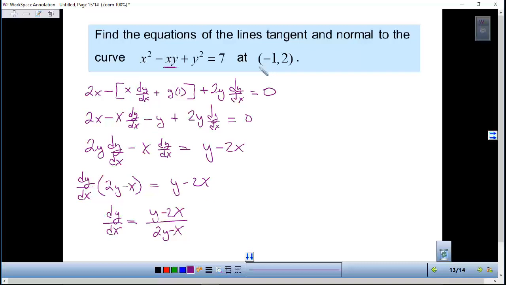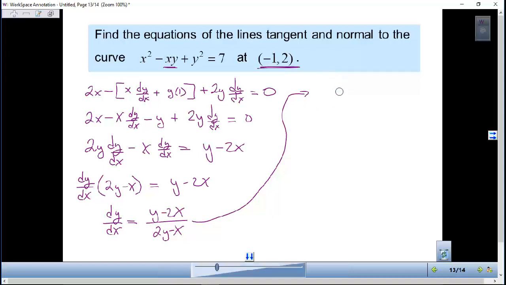Now what I want is to know what the slope is for the tangent line at (negative 1, 2). So I'm going to move this up here. So dy/dx at (negative 1, 2) is going to equal, and all I'm doing is plugging in my x and my y everywhere I've got an x and a y here.